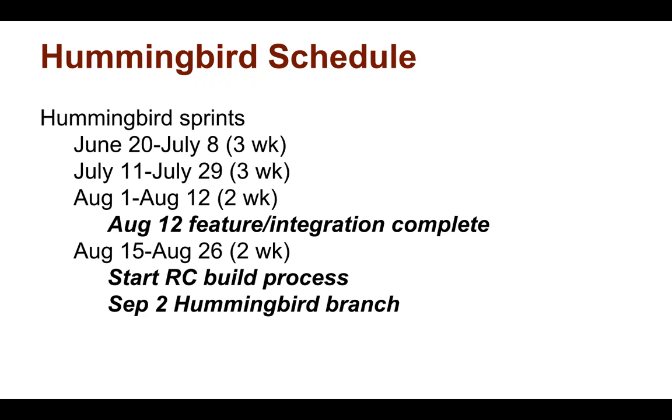So we'll be declaring feature and integration complete by that date. And the week after that is when we start the release candidate build process. And we'll go through some number of release candidates to the point where we are able to tag one as the release. And the goal is that around Labor Day, we have a Hummingbird branch.